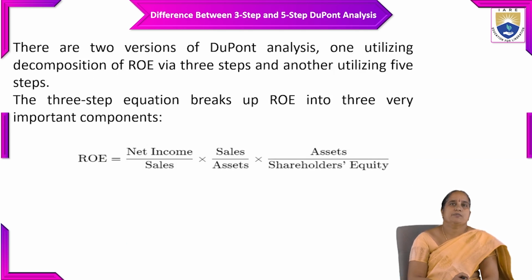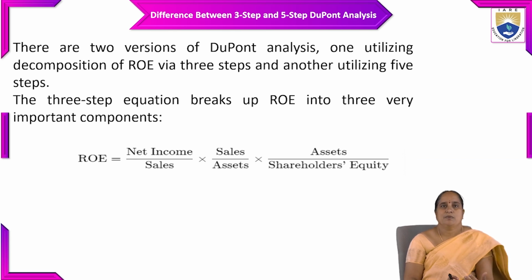Then coming to the difference between 3-step and 5-step DuPont analysis. In DuPont analysis, there are two versions. One utilizes decomposition of ROE via three steps, and another utilizes five steps. The three-step equation breaks ROE into three very important components: profit margin, asset turnover ratio, and financial leverage or equity multiplier.